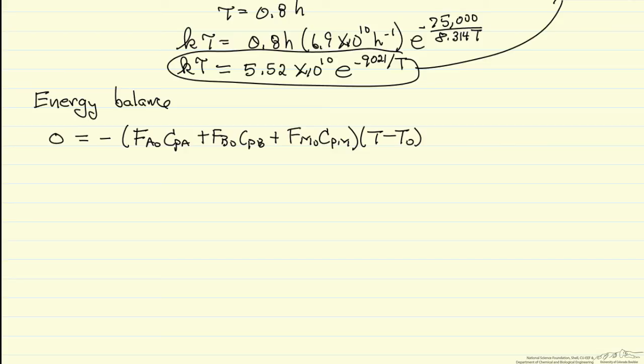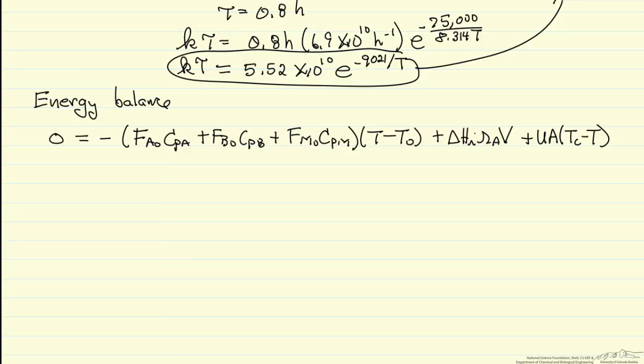If the reactor temperature is higher than the feed temperature, it requires some energy to heat up the feed. And then we have the heat of reaction times the rate of reaction times volume of the reactor. And then we have a heat transfer term, coolant temperature minus the reactor temperature.